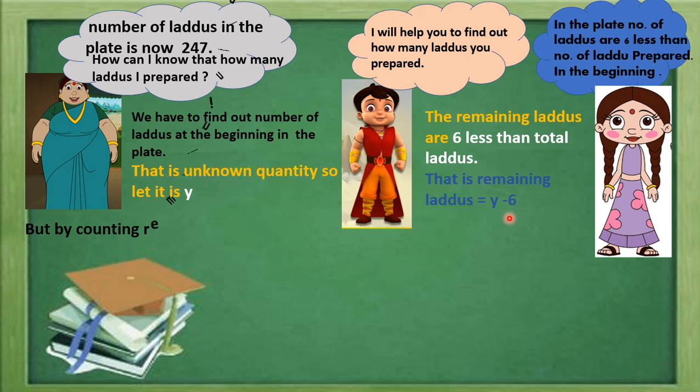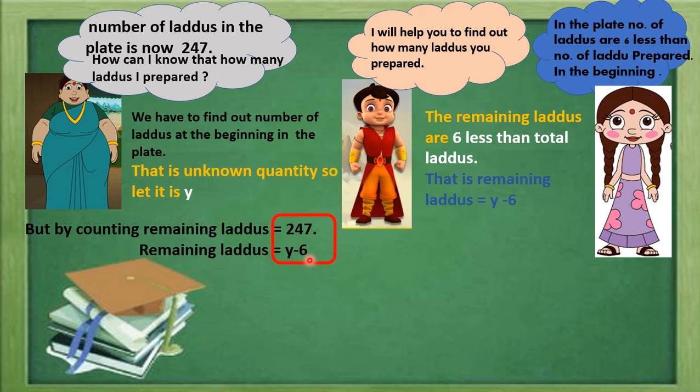By counting, auntie says the number of laddus is 247 and according to Chutki it is y minus 6. So both 247 and y minus 6 represent the remaining number of laddus. That means both are the same. So we can write it as y minus 6 is equal to 247.